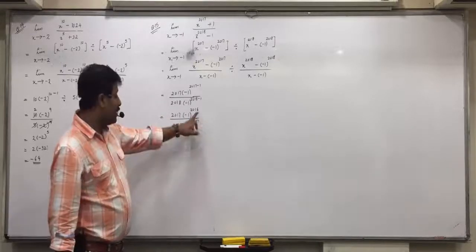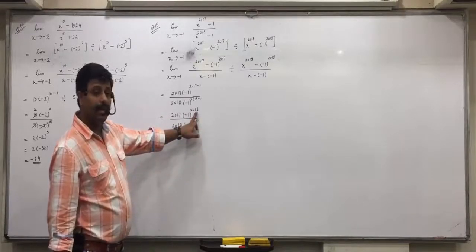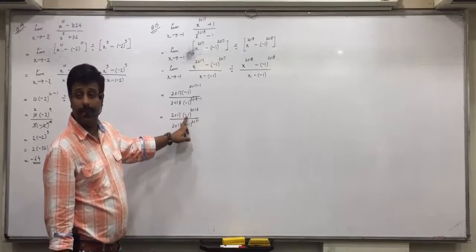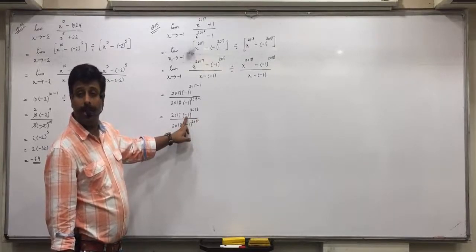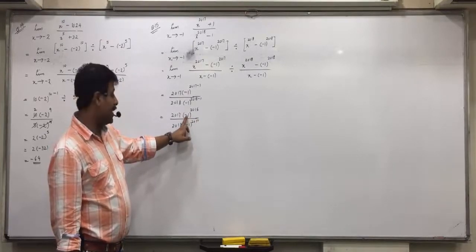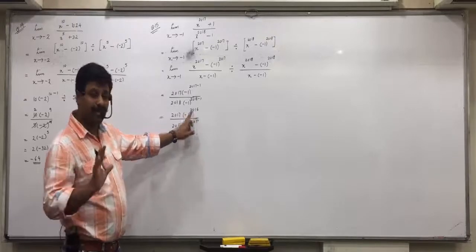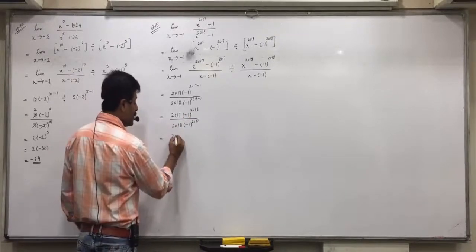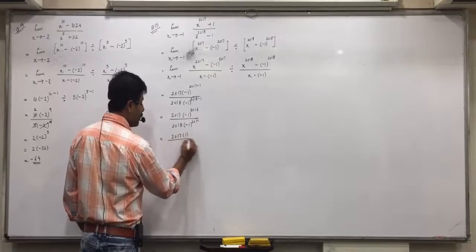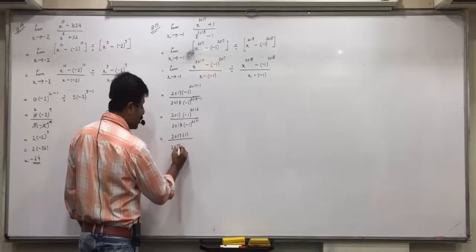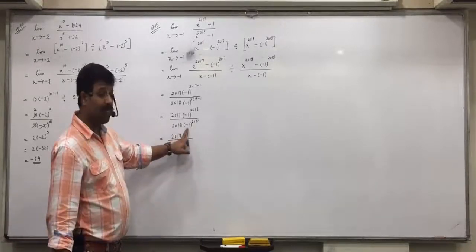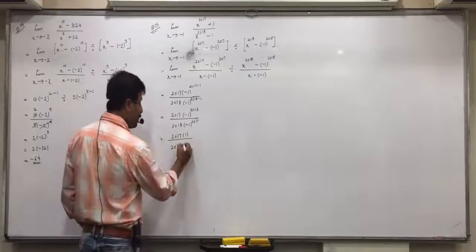Now, what will be the even power of a negative number? Positive. So minus 1 raised to 2016 is plus 1, into 2017 as it is, upon, what will be the odd power of minus 1? Negative, minus 1.